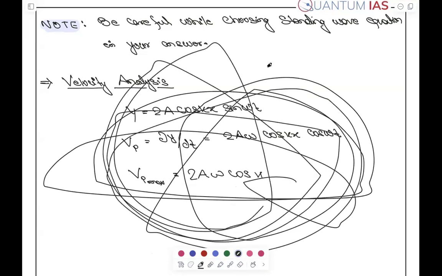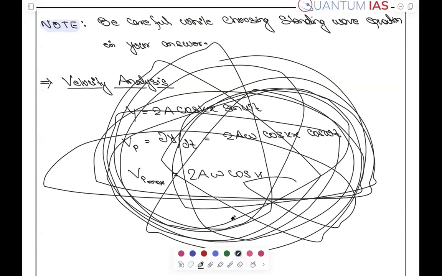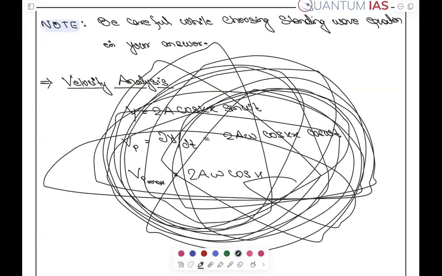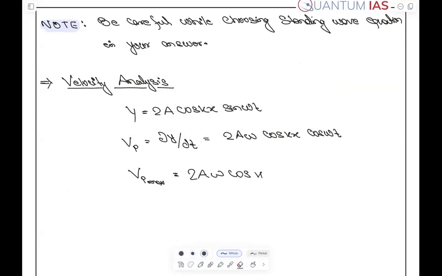What is the phase difference between velocity and displacement? Anyone? Pi by 2. Very good. So 2a omega cos kx, this is the maximum velocity.